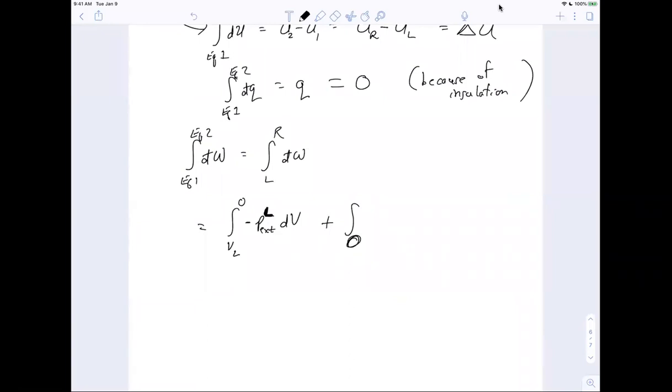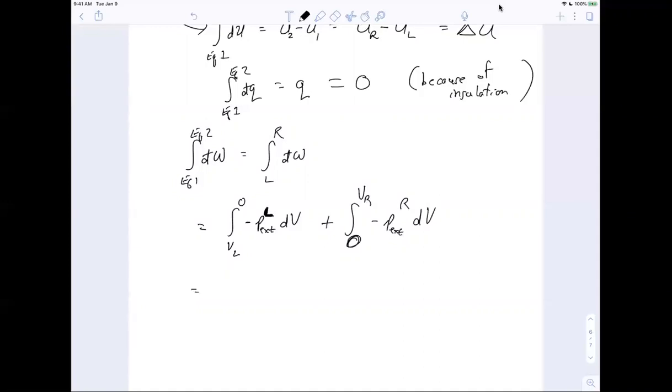Now, as everything on the left goes through, there's nothing on the left, but everything is on the right. So here we'll have V right, and here we'll have minus P external on the right side times dV. That's our work. Both of these pressures are constant. The pressure doesn't change on either side of that conduit, that porous material.